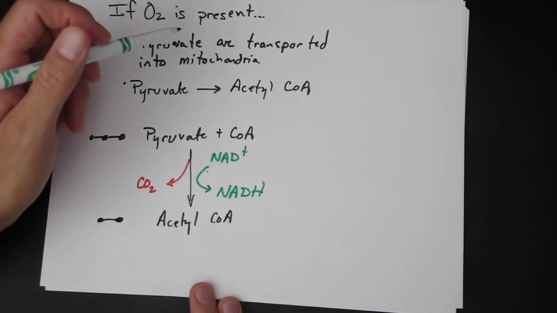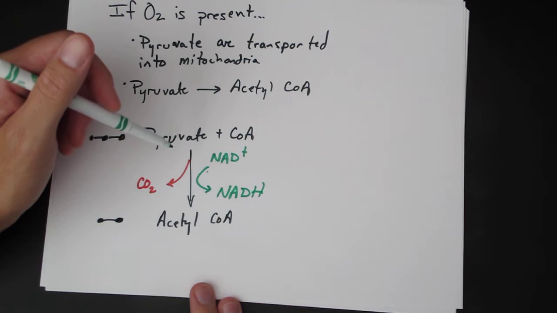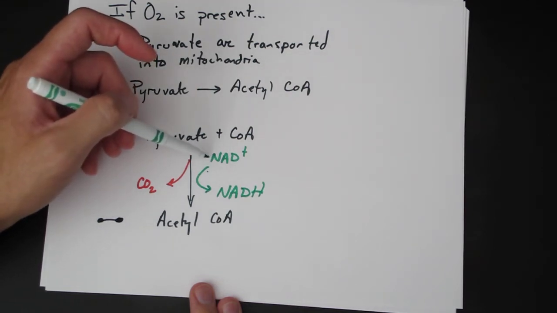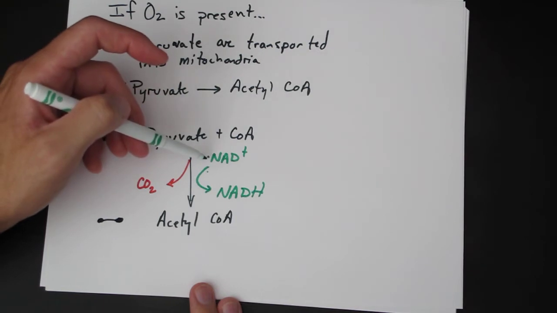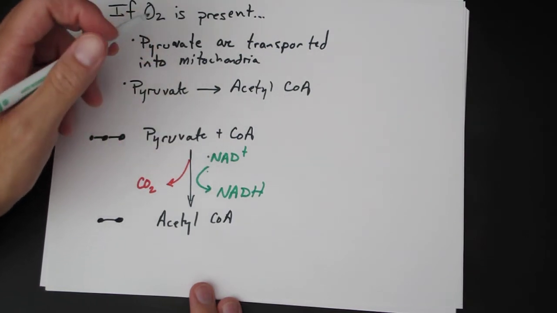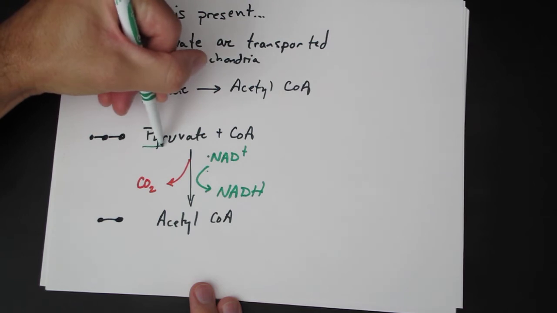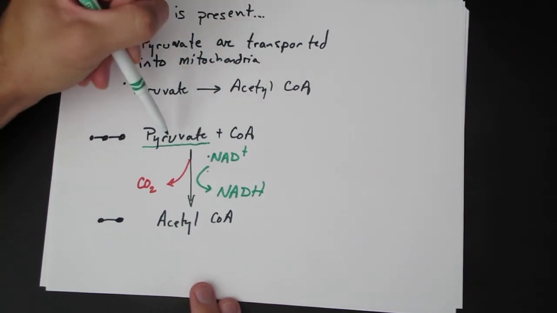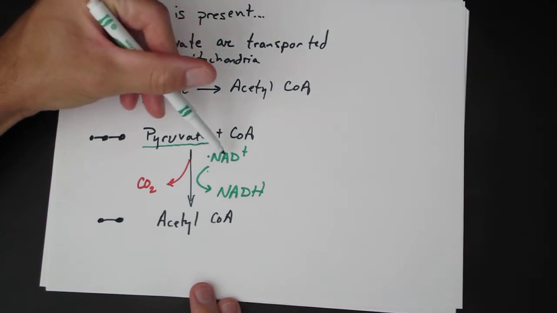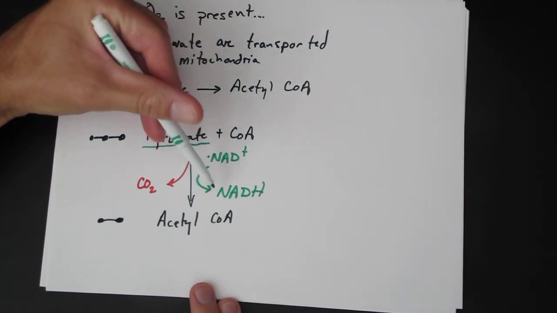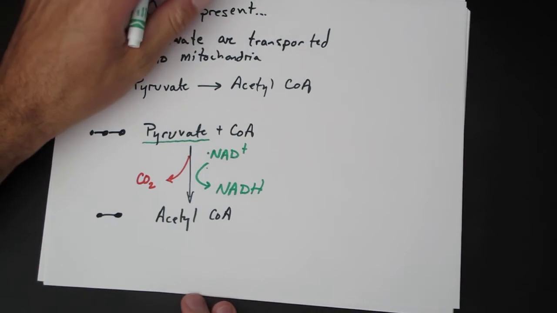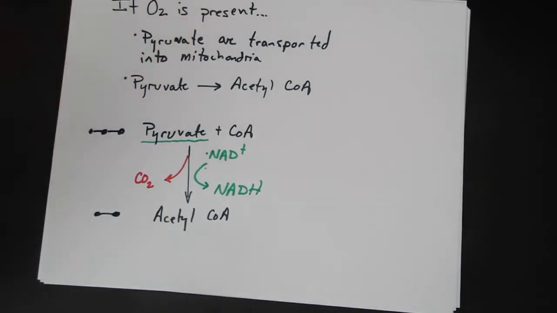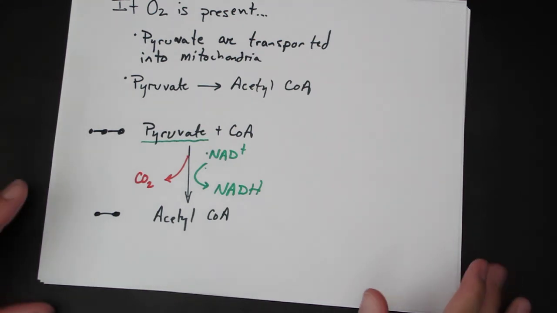What is being oxidized and what's being reduced? Well, we're adding an electron to NAD+, so NAD+ is what's being reduced, and we are oxidizing our fuel molecule, and our fuel molecule here is pyruvate, our substrate. So pyruvate is getting oxidized, and NAD+ is getting reduced. And this is what we end up with.